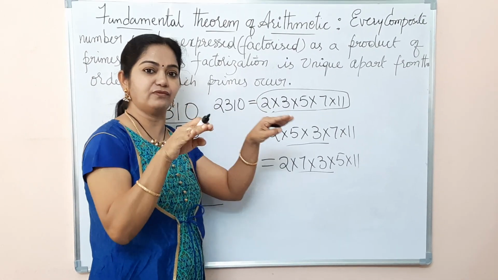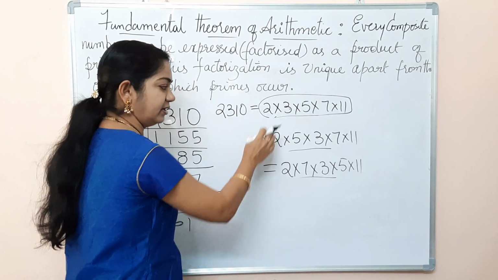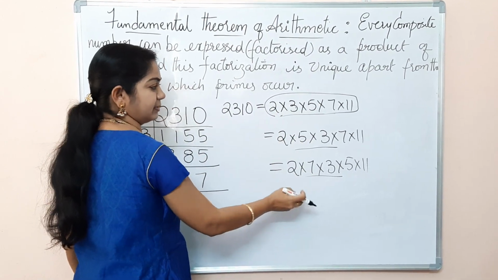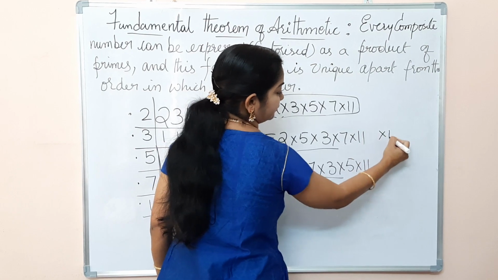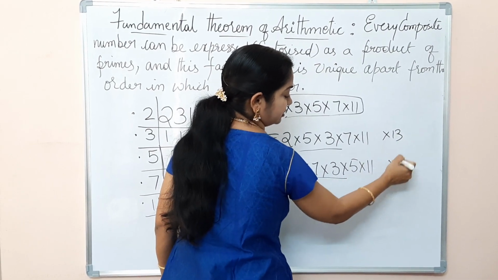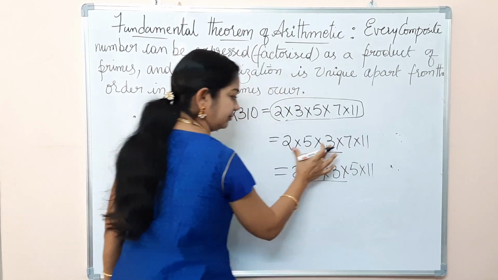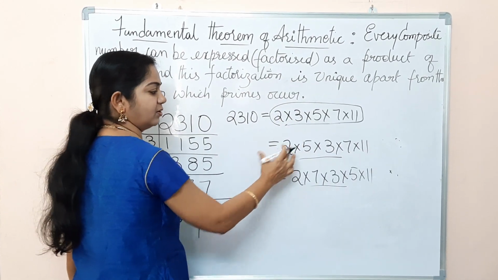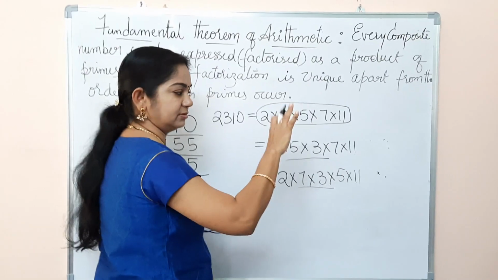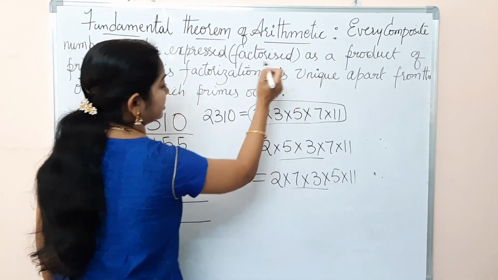Here the placing of order is somewhat different. You can take many permutations, but your friend has not got another factor like 13 or 17 or something like that. They have got the same prime factors, but the order is changed. So what does the theorem tell us?